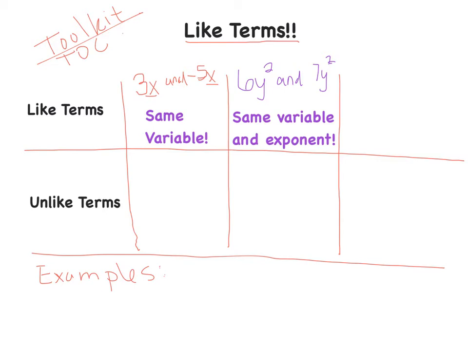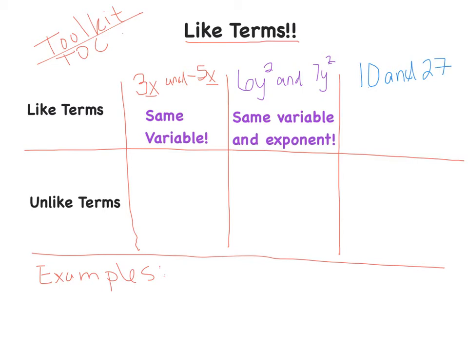On our last example, I'm not going to have any variables at all. So if I had a 10 and a 27, neither one of those have a variable, so those are also alike, okay? And they even have a special vocab word.